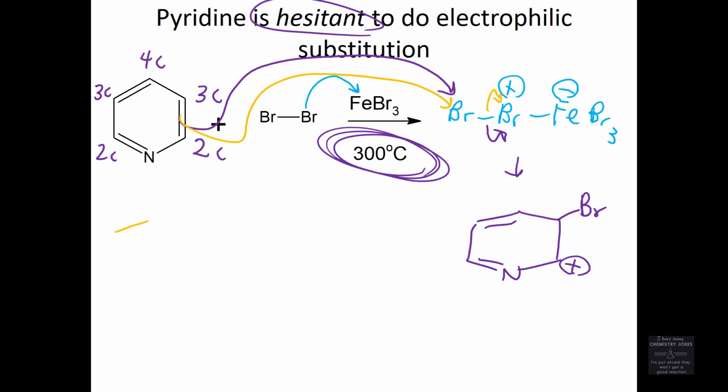If I did it the orange way, I would put it on the 2-carbon and I would end up with this Wheland-like intermediate. If I draw the resonance of this Wheland-like intermediate, oh, nope, that pi bond does not belong where I put it. Here.